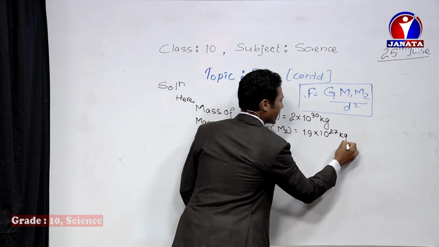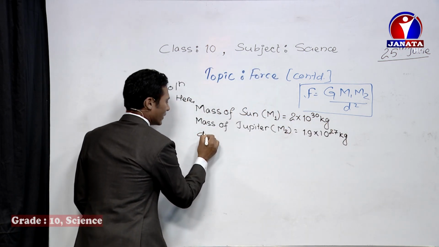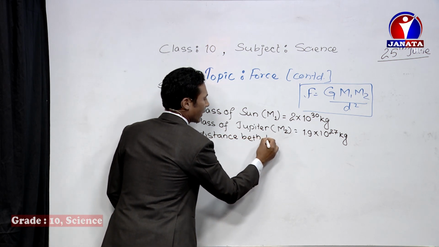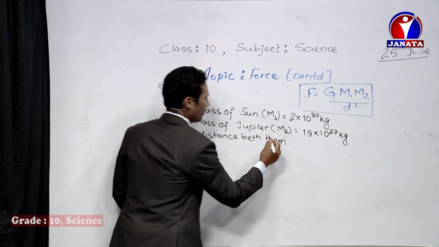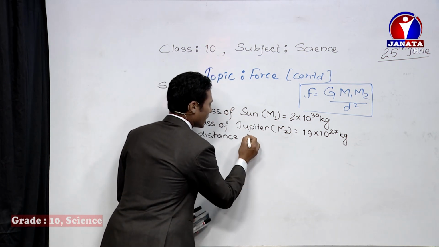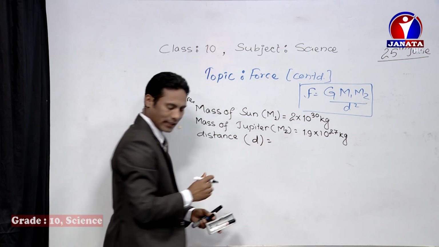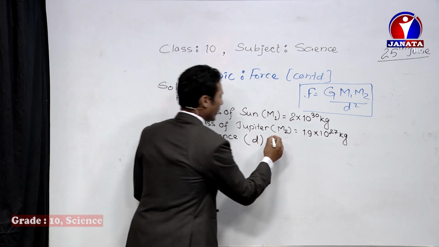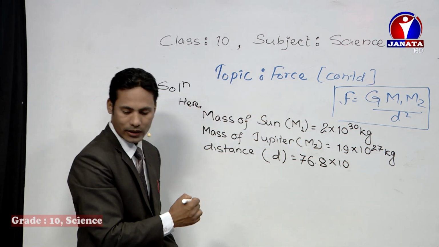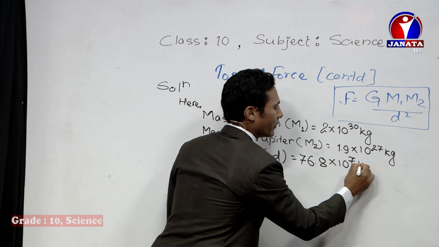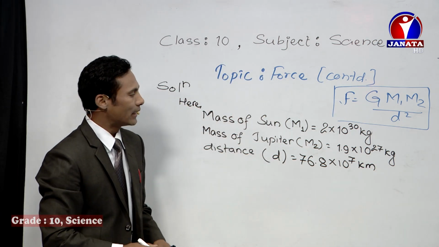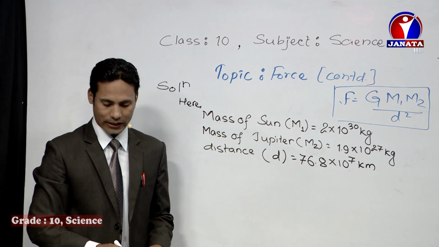And the distance between them, the symbol I will write is d. So this is d. The distance is given as 76.8 into 10 to the power 7 kilometer.